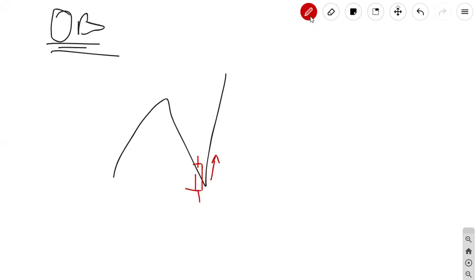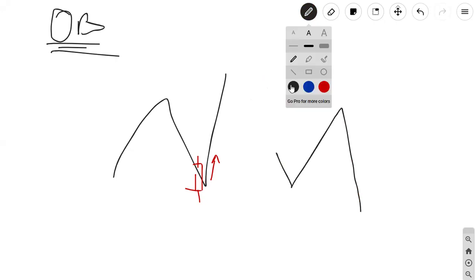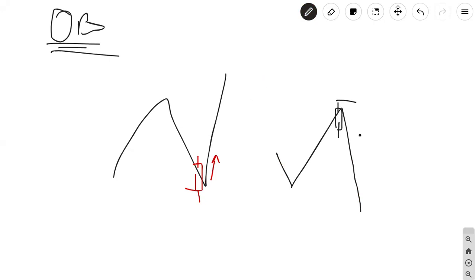Or others say the last bullish candle in terms of a bullish move like this. So that is an order block, okay?